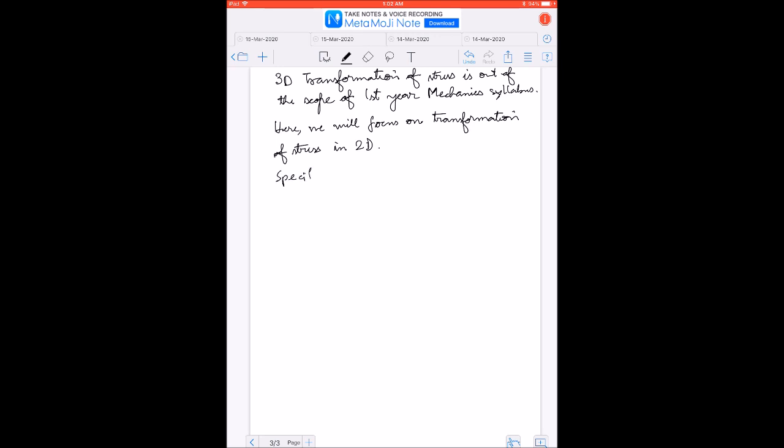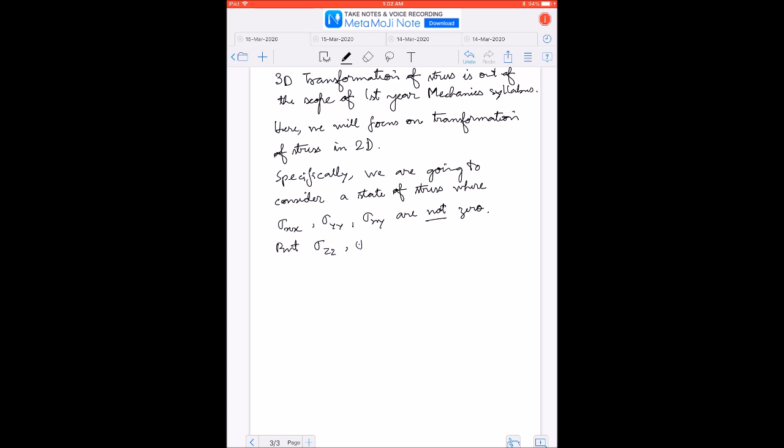So specifically what we are going to do, we are going to consider a state of stress where sigma xx, sigma yy, sigma xy are not zero in general, but sigma zz, sigma xz, and sigma yz, or equivalently sigma zz, tau xz, tau yz will be zero. This is very, very important.